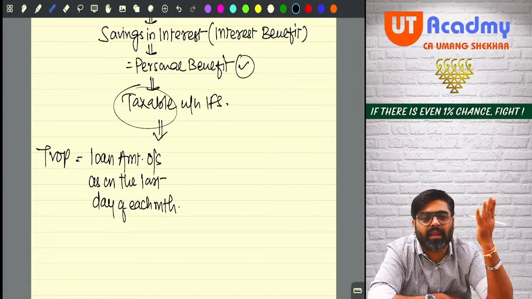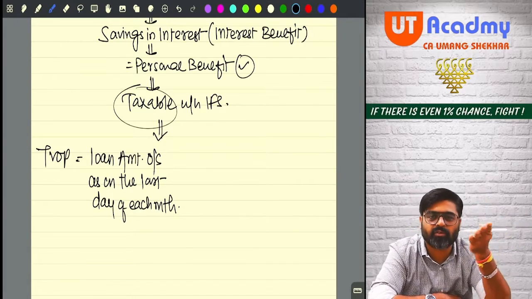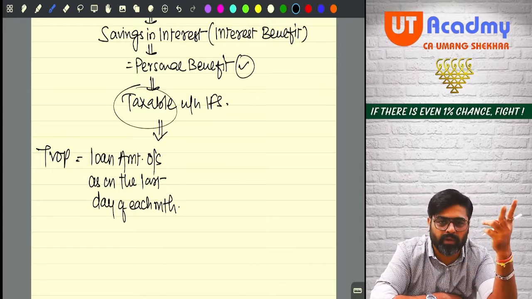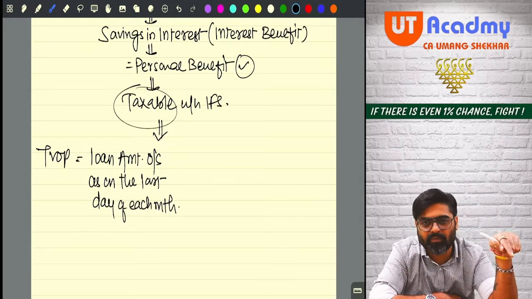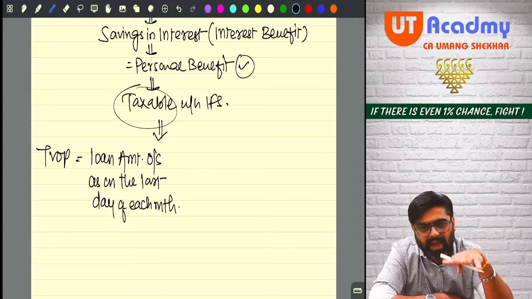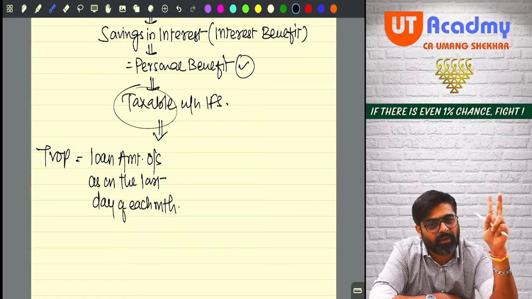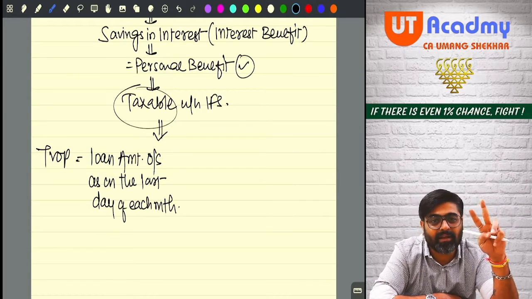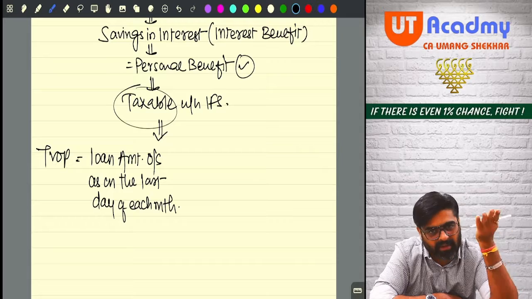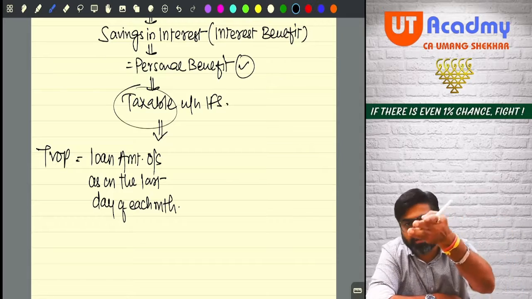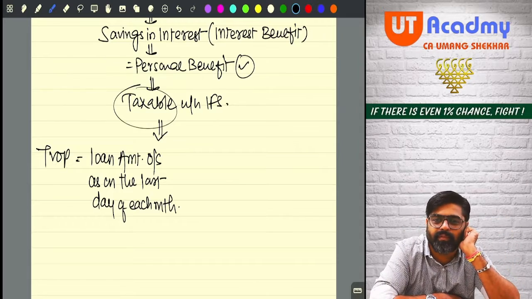So instead of applying two different rates on the same amount and calculating two interests and then calculating the benefit, I will take out the difference between the two rates only and apply that difference. That is nothing but interest benefit. That difference I will apply on this loan. Getting my point?